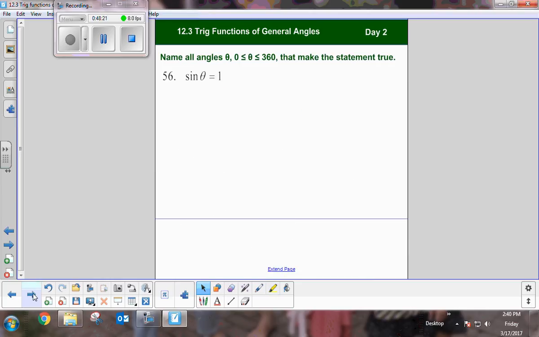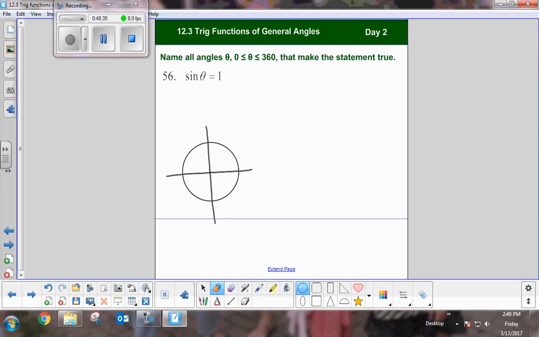Oh, okay. So here we have sine theta equal to 1. So again, think my circle. Sine theta is y over r. So since r is 1, what do I want y to be? Ariel?